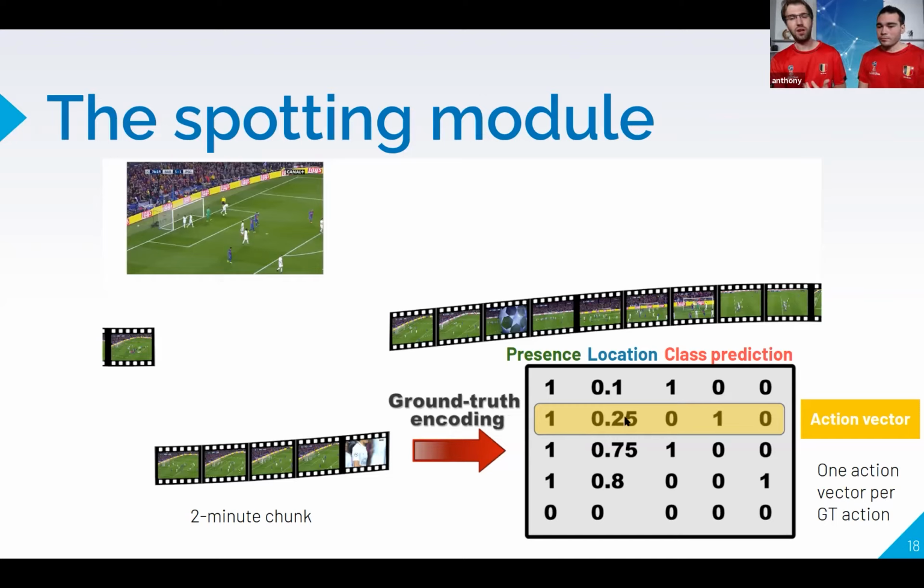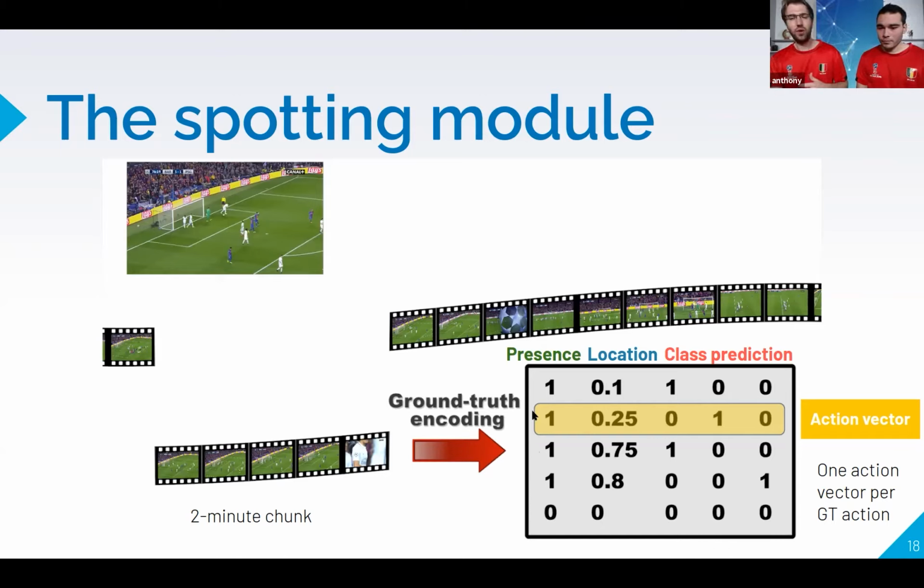Then the second number is a location number, which is between 0 and 1, where 0 indicates the beginning of the chunk and 1 the end of the chunk. So for example, here 0.25 means that there is an action which occurs after 1/4 of the chunk, so after 30 seconds of the chunk.